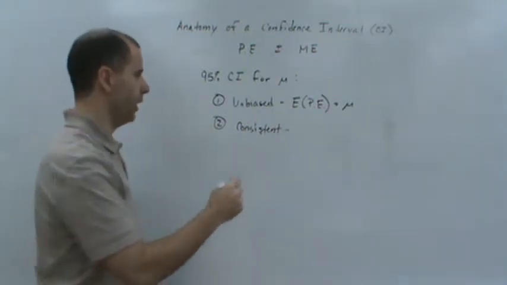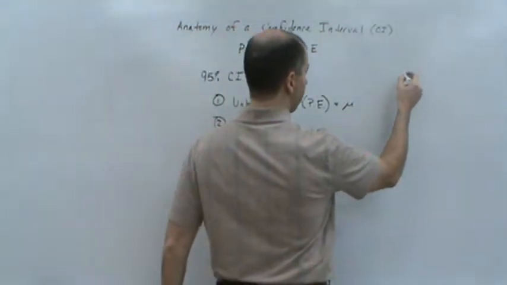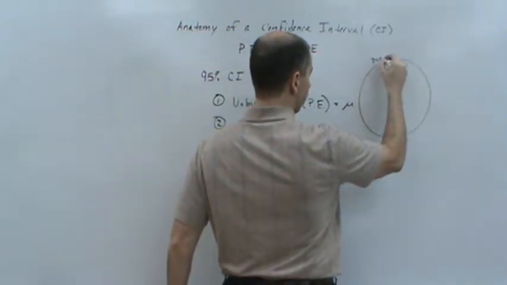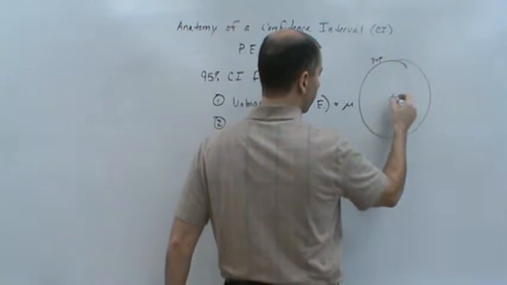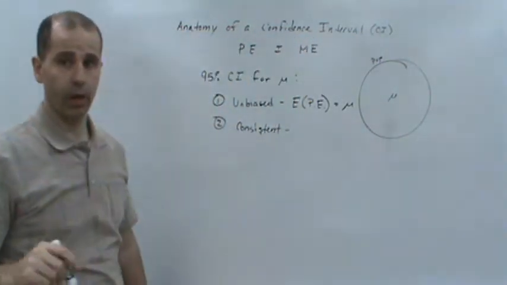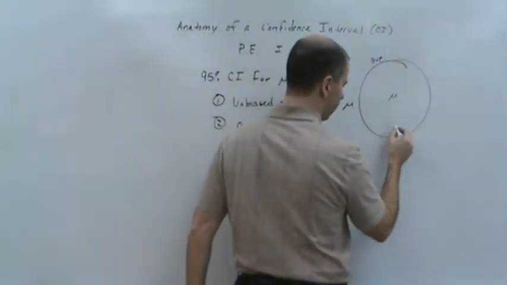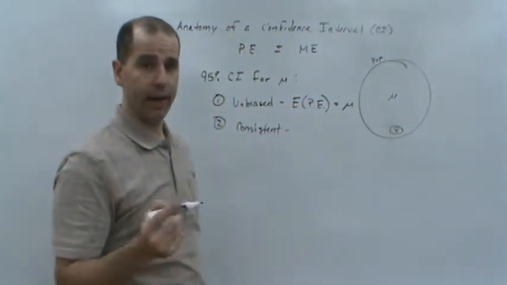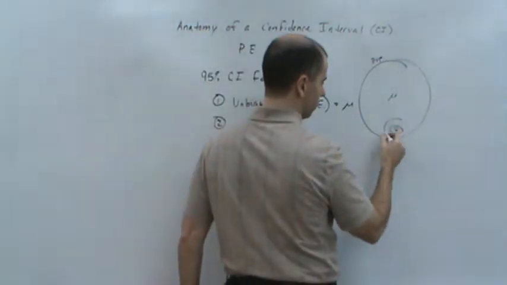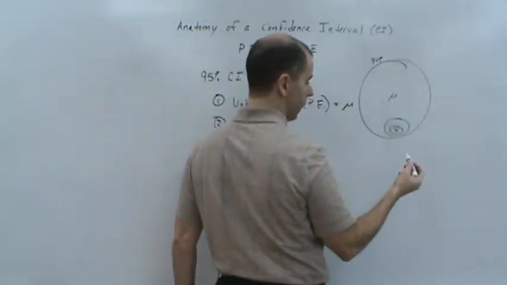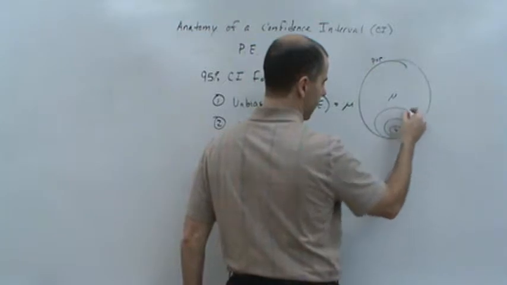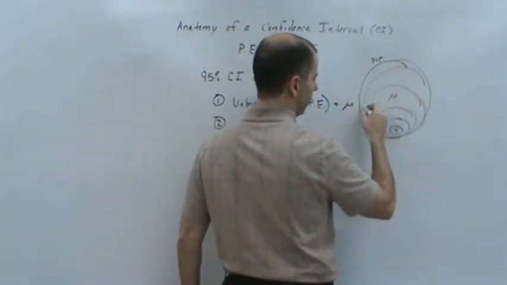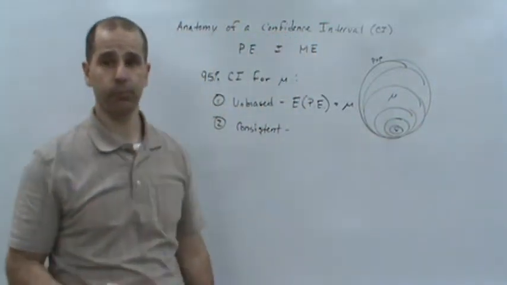It should be intuitive because if I look at a population here, and I know mu is in here somewhere, well, if I take a sample and I take X bar, and then I take a larger sample and calculate X bar, and a larger sample, and a larger sample, look what's happening to my sample.